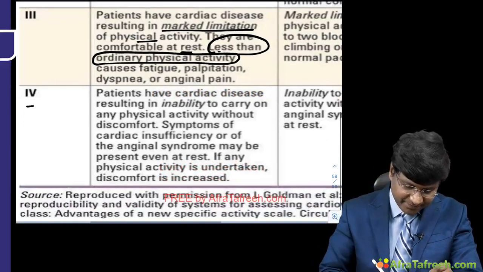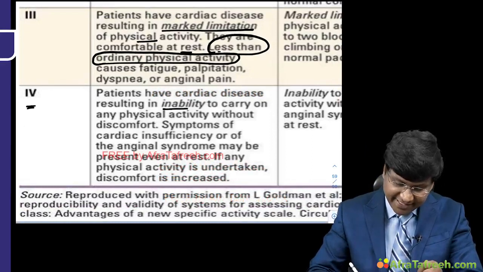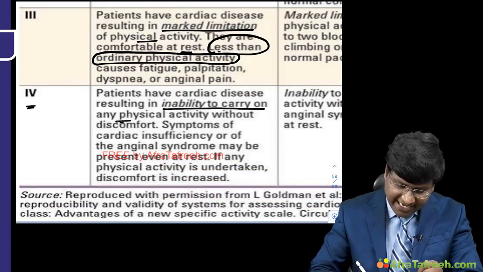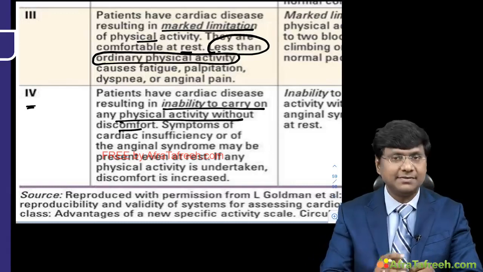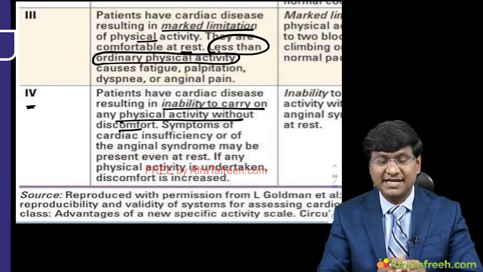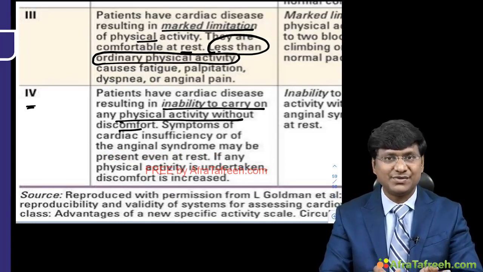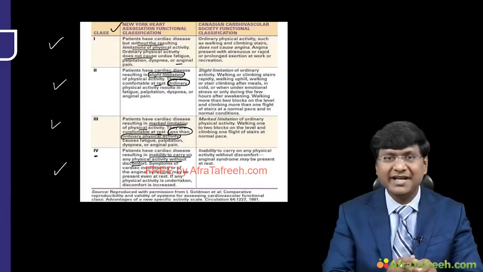Then you take class 4. Class 4 is that these patients have inability to carry on any physical activity without discomfort. That means even at rest they will have angina, fatigue, dyspnea and palpitations. Okay, so that is according to your NYHA.